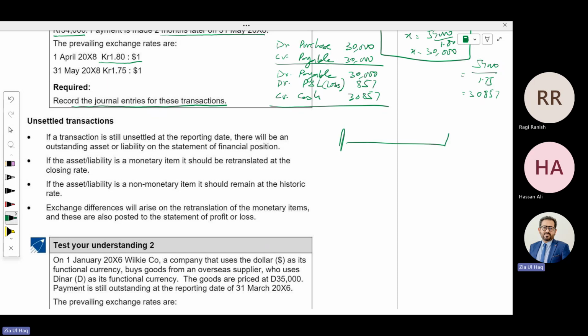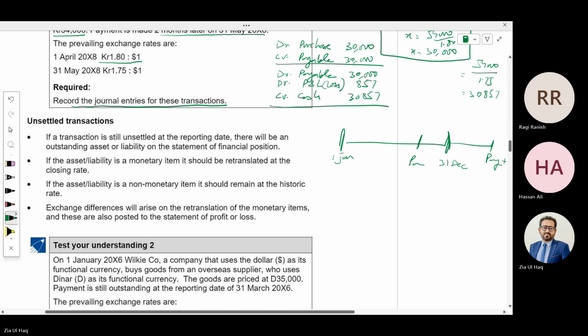This was the year end, started on 1st January and ended on 31st December. We performed our purchase transaction here, but the payment is made here. This means this transaction was not settled during the year.